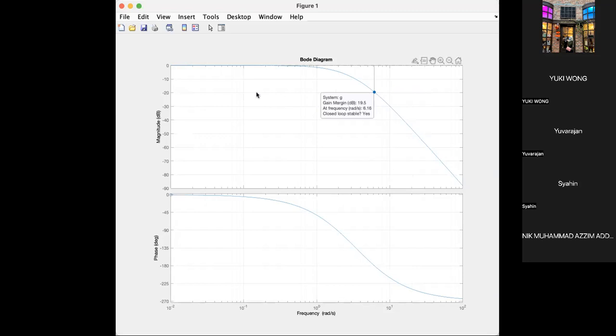How do I get 19.5? 0 minus 19.5. So this 19.5 is at the frequency 6.16, at the phase response.